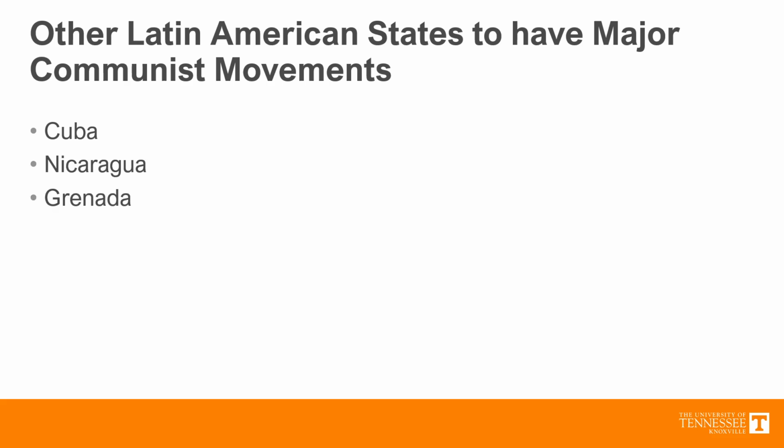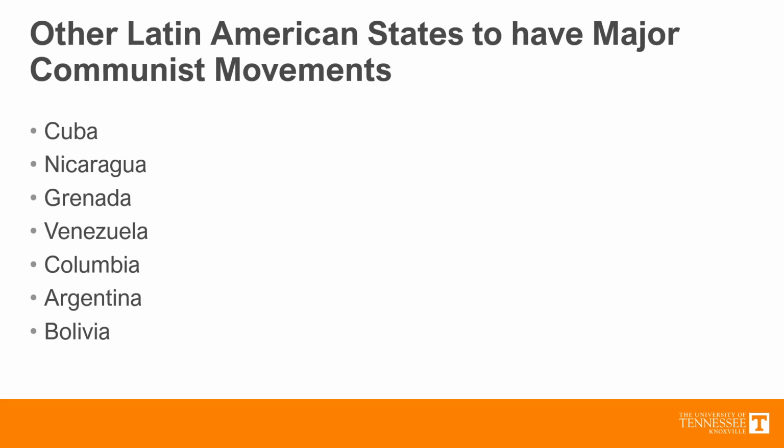Nicaragua, Grenada, Venezuela, which got to be a hell of a lot more relevant recently. Colombia, which never actually became any version of Marxist, but there's a big asterisk on that. Argentina, Bolivia, and I would also add Chile if there was more room. But Bolivia is also important because it's where Che Guevara was executed.